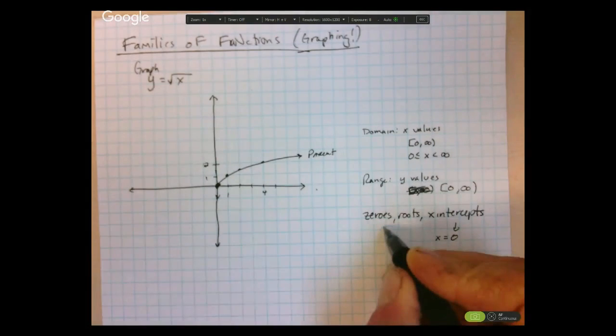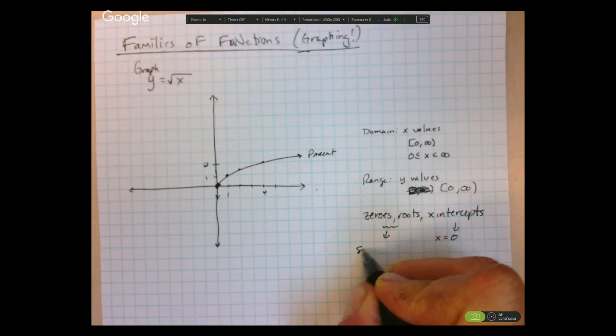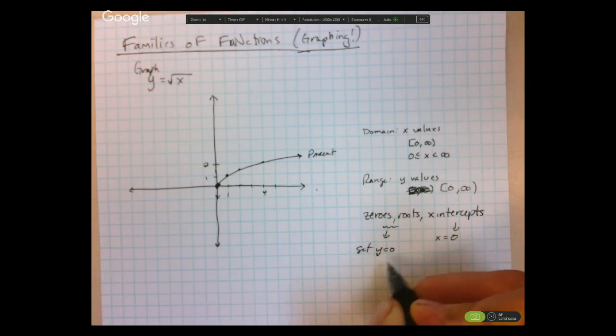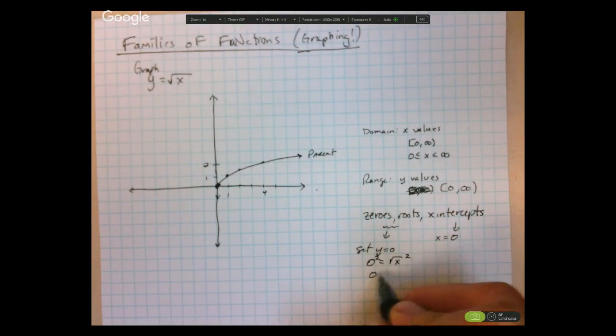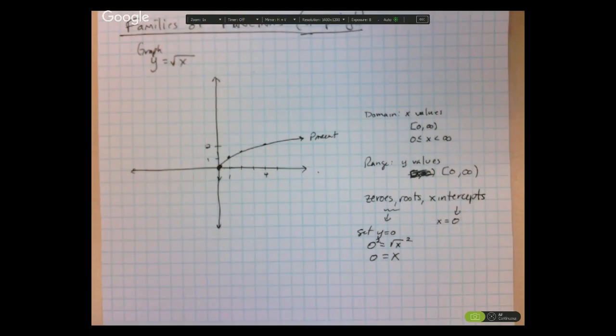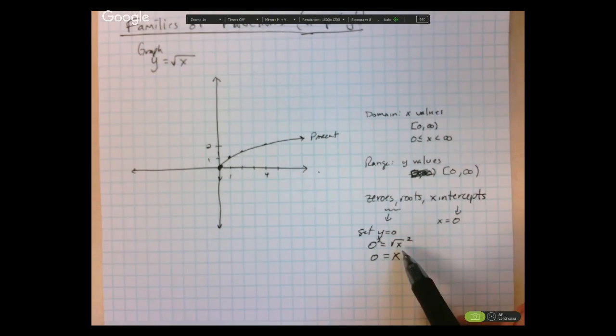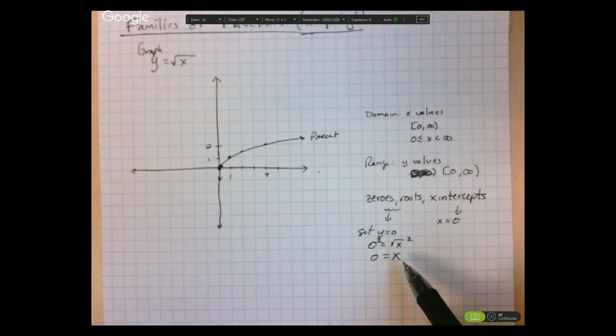So, just for our purposes, we would set y equal to 0 and solve that equation. Of course, we get 0. Okay, so keep this in mind. You're going to use this skill probably as much as anything else this year. All right, so know how to find these numbers and solve these equations. Okay.